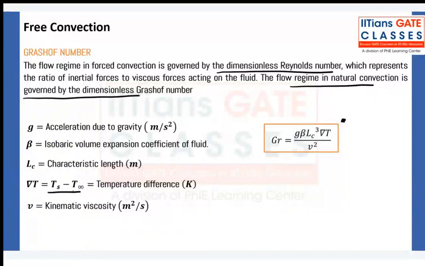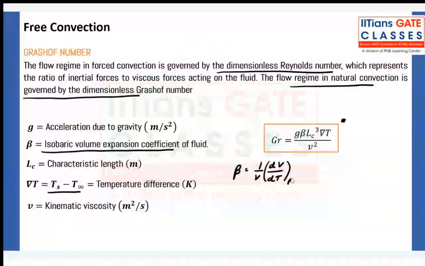And beta is the isobaric volume expansion coefficient. Beta is equal to 1 upon V times how the volume is changing with respect to temperature at constant pressure. So it is isobaric volumetric expansion.